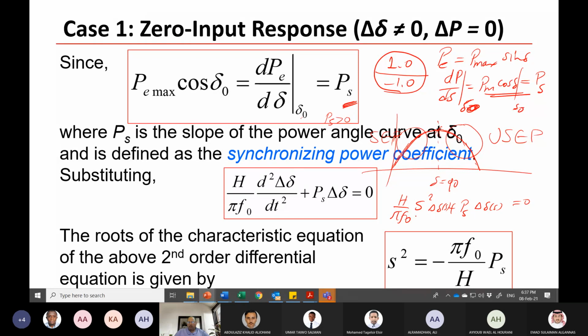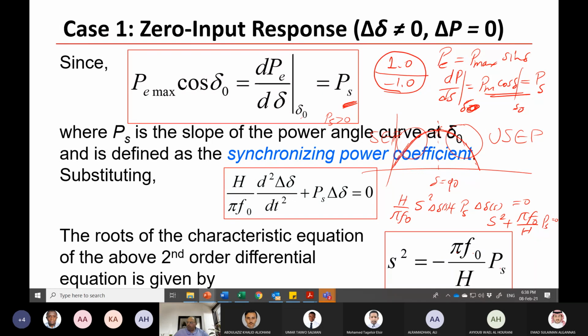If you multiply this by pi F0 over H, it becomes S square plus BS multiplied by pi F0 over H equal to 0. This is the characteristic equation. Then S square equals minus pi F0 over H times BS, and you can get the roots S equal to plus or minus the square root of this. Okay?